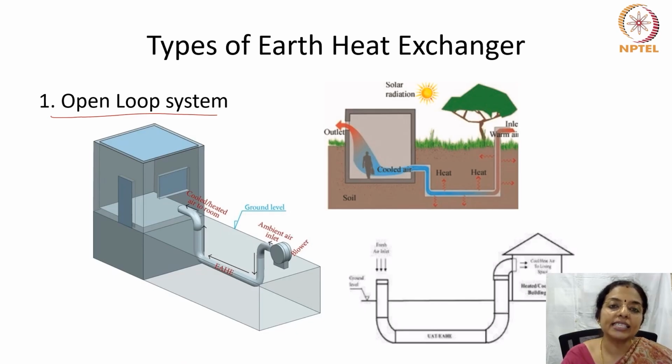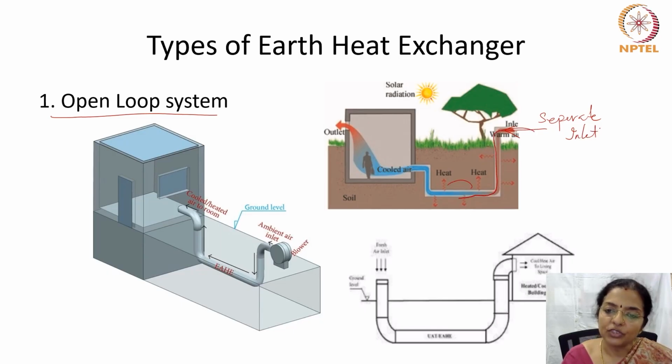Outside air is delivered only to the AHU or the room directly. So in this open loop system, you have a separate inlet through which warm air in summer or cool air in winter comes.